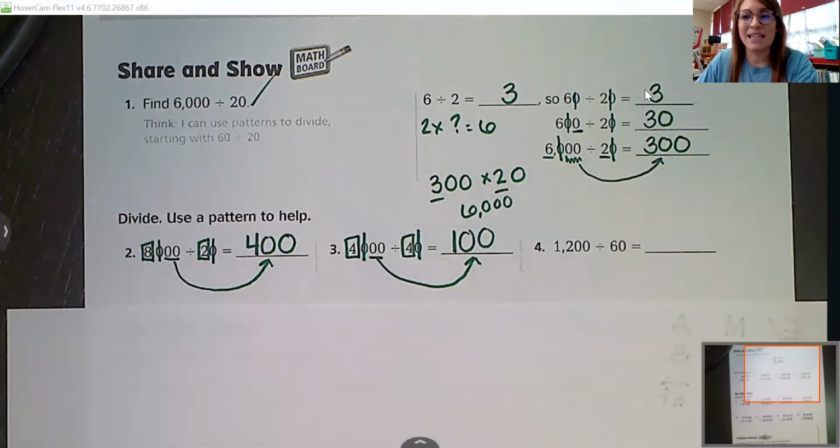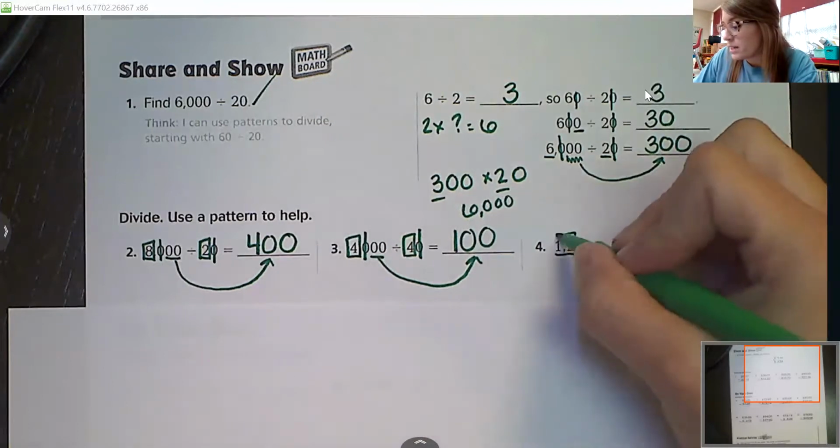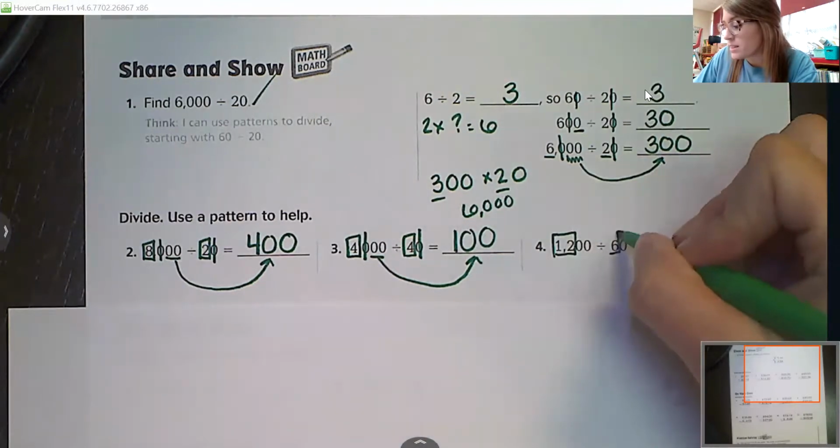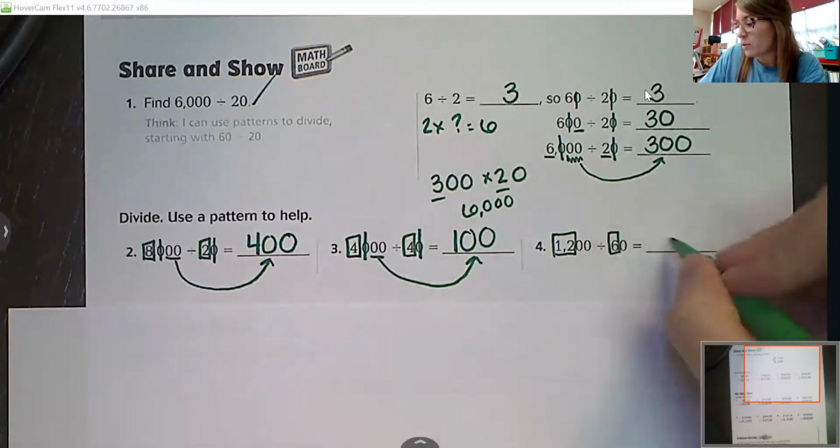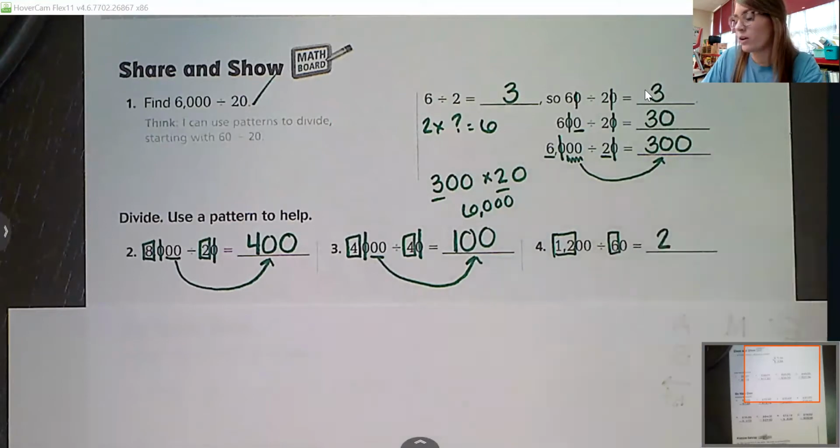All right, last one. 1,200 divided by 60. What basic fact do y'all see that we can use to make this a little bit easier? Very good. 12 divided by 6. What is 12 divided by 6? Good job. It is 2. So I'm going to put that 2 right over here because that's going to be the first number in my answer.